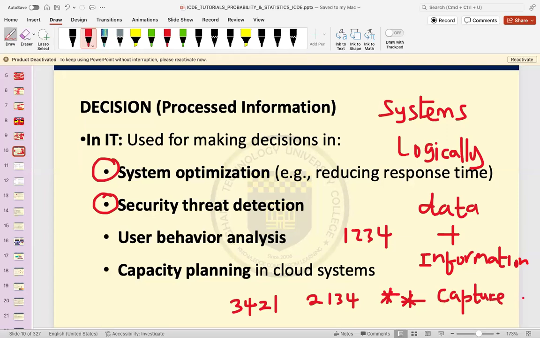You are not conforming to the configuration. And that is a decision. That is the decision the ATM machine will take because it has processed all the information you keyed in and realized that you are not the owner of the account, because you are keying in wrong account numbers.